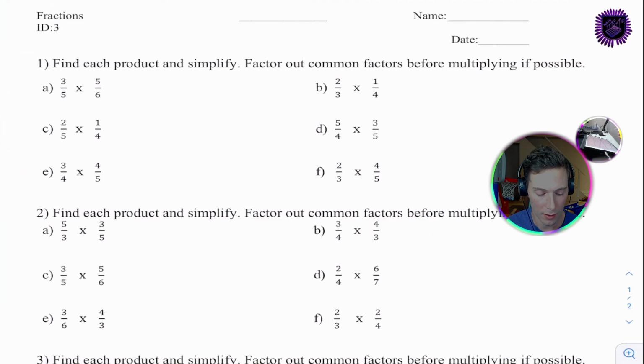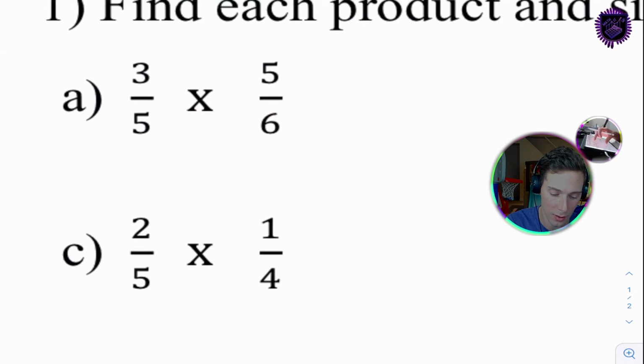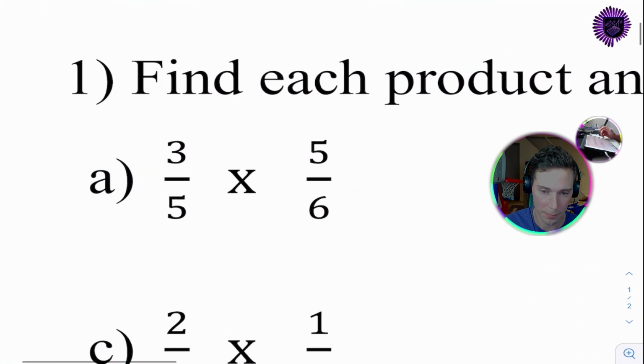When you're multiplying fractions, you can simplify after, and that's the common way, but practicing simplifying before multiplying is a really valuable skill and strategy to have. So we're going to try doing some of that before. Let's jump in and I'm going to show you what I mean.